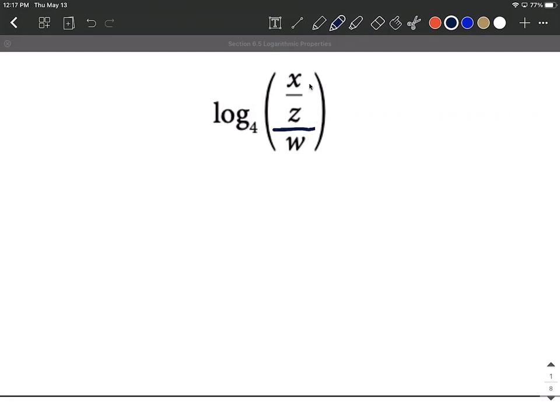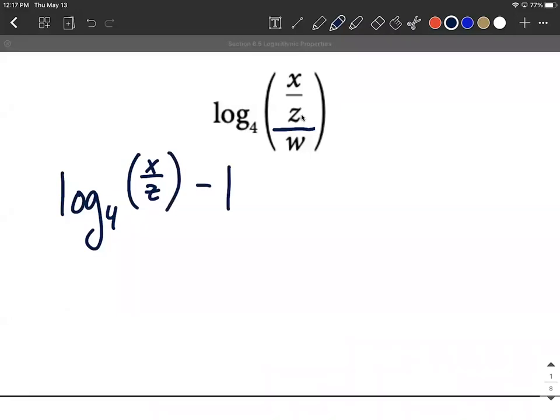We could clean that fraction inside of a big fraction up first, or we could jump right into our quotient rule and start splitting this apart by saying log base 4 of the big numerator is this fraction, which seems a little bit strange, but it's going to be x over z, minus log base 4, and then w was our denominator from the big fraction.